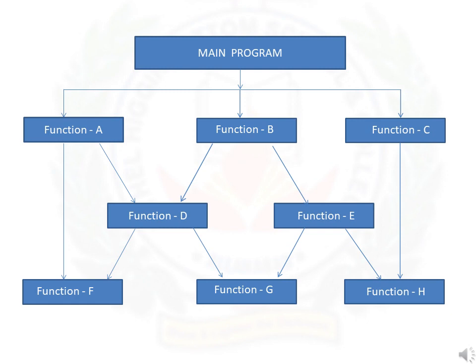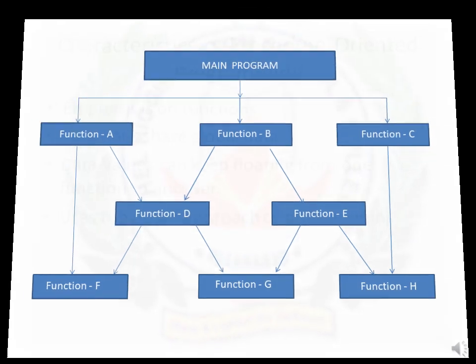These instructions are grouped together and form many functions. Okay, to develop a main program, we need more instructions, and these instructions are grouped together and form functions. So the group of functions combine together and form the main program in procedure-oriented programming.